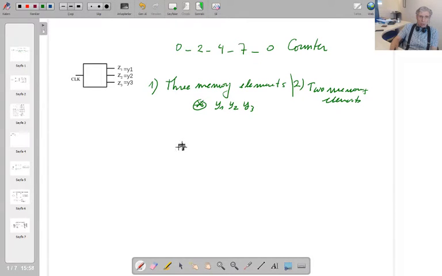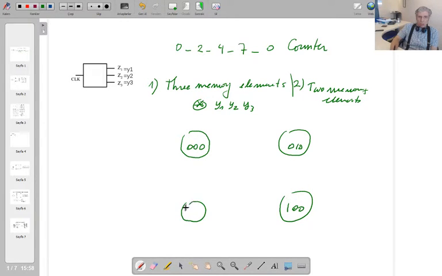So one state is 0, second state 2, third state 4, and fourth state is 7. So when the clock pulse comes like that, we are going to change the states like this.